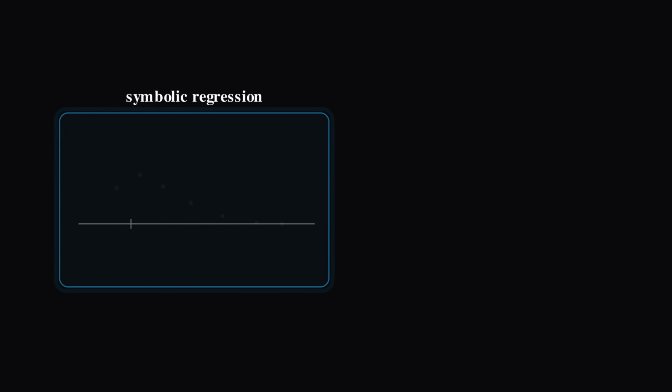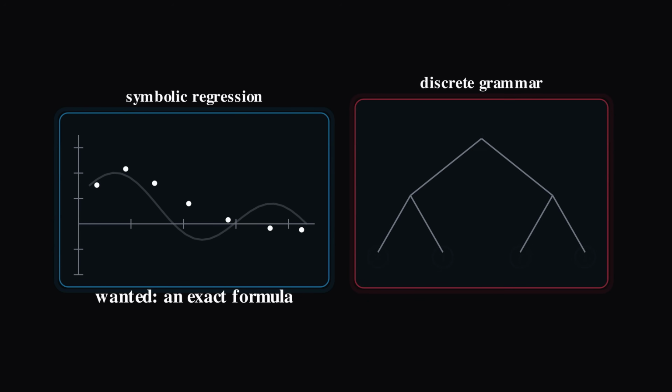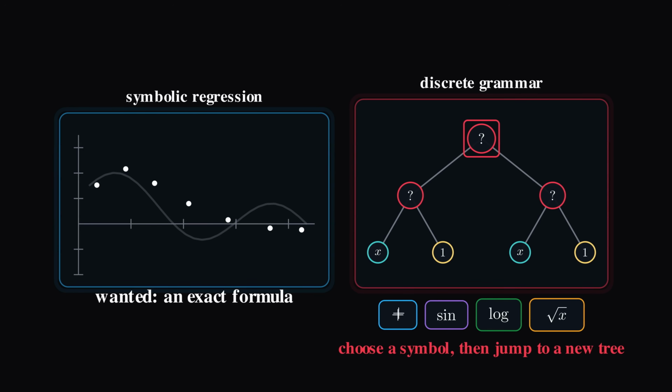And this is actually significant for symbolic regression, which is the problem of finding an exact formula from data. A neural network, for example, can draw a curve through points, but a curve is not the same as a human readable expression. Traditional formula search has to choose between discrete operators, and these choices are awkward for smooth optimization. An EML tree, however, replaces that mixed menu with a repeated node.